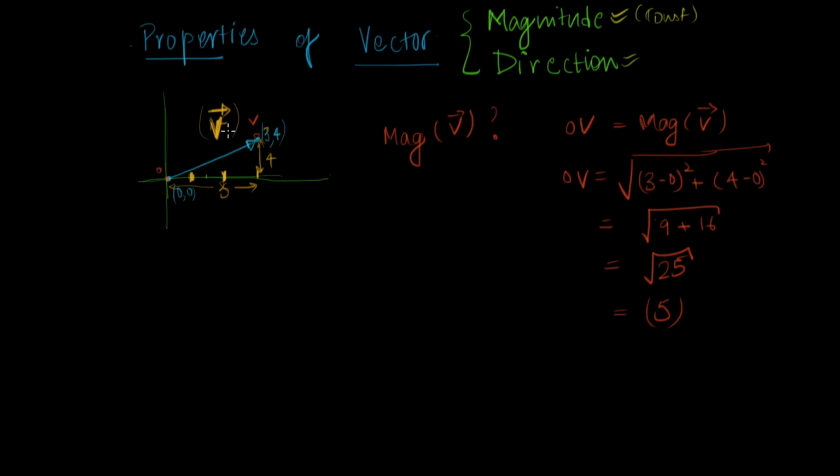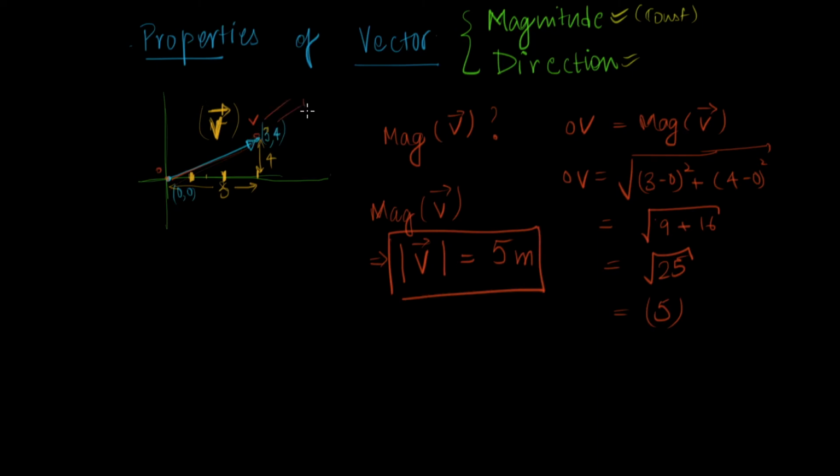So if this were, say, displacement, that means just the length, then the magnitude of v, or basically the modulus of v, would have been 5 meters if these lengths were measured in meters, both of them. So that is what the magnitude of the vector is, just the length of that.